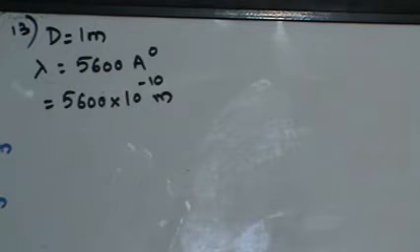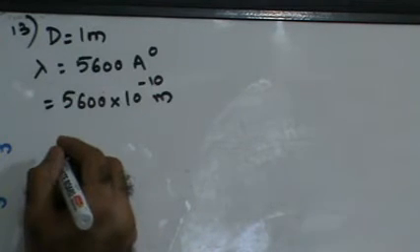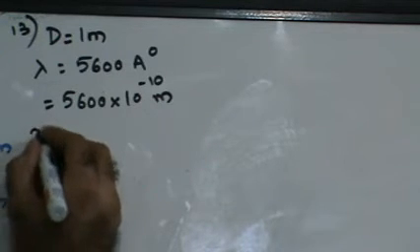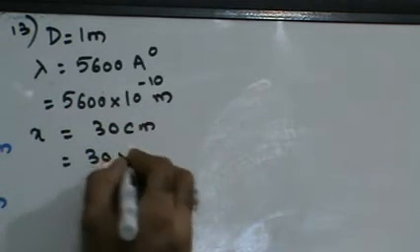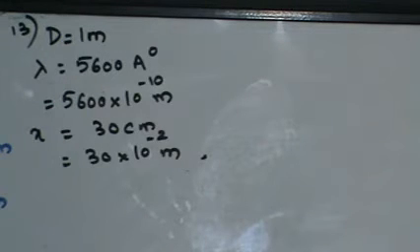Two convex lenses are kept at a distance of 30 centimeters from the slit. That's my distance of the object from the slit.